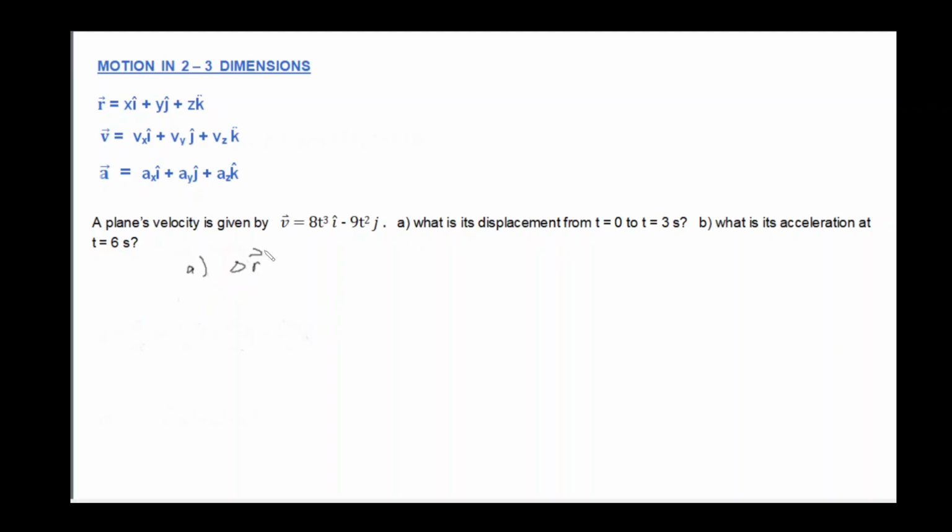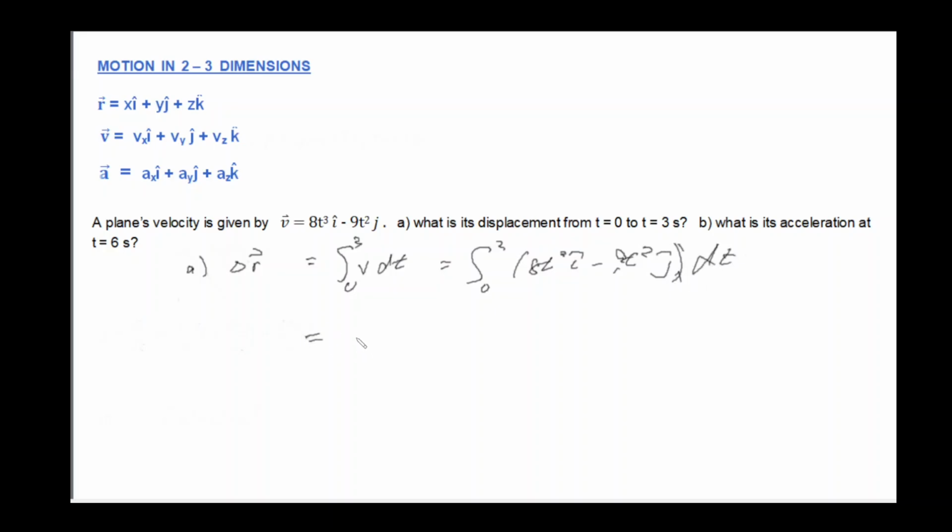Well, we have velocity, and we know that r is the integral of velocity. So let's integrate. So delta r is equal to the integral of v dt from 0 to 3 seconds, which would be the integral from 0 to 3 of 8t cubed i minus 9t squared j dt.